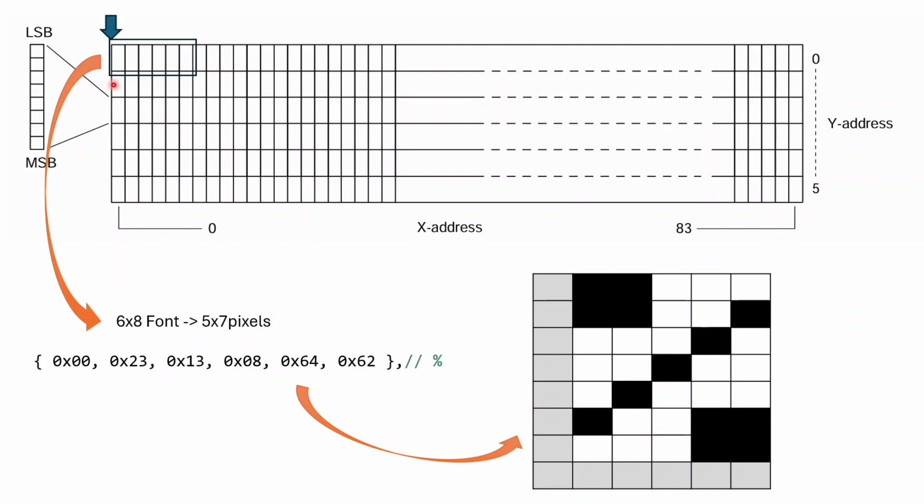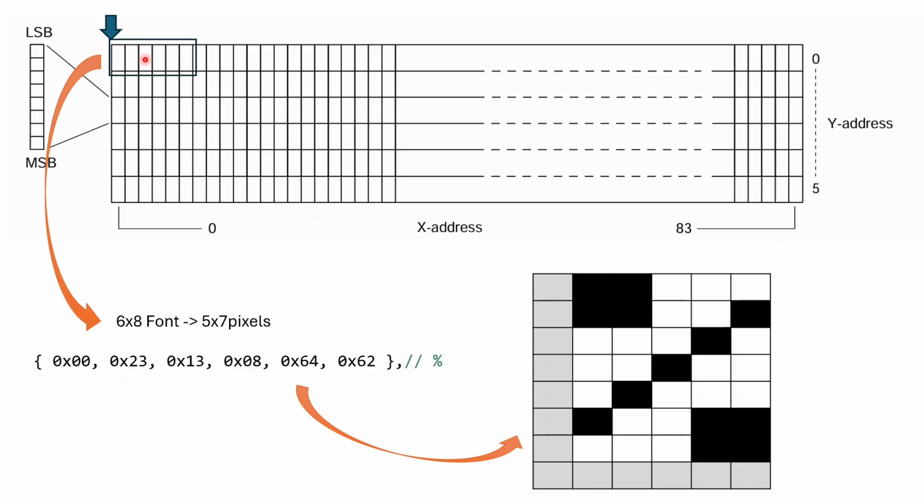And this way of addressing is called horizontal mode, because we write from left to right. You also have a vertical mode, where you would write from top to bottom, but I will not further discuss that. Because of the 8 bits that are in a specific row, it really lends itself for fonts that are 8 bits high.